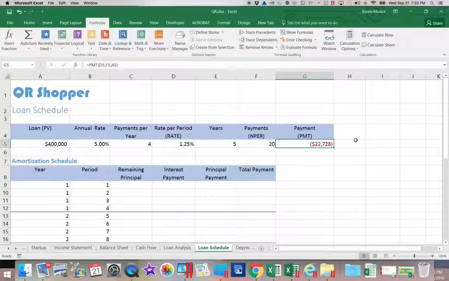That is a business expense, and it lowers your profit on your income statement. Now the principal payment is the portion of the quarterly payment that we make that is actually reducing the amount of money that I owe.